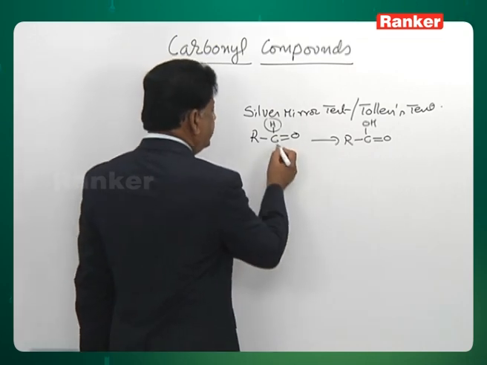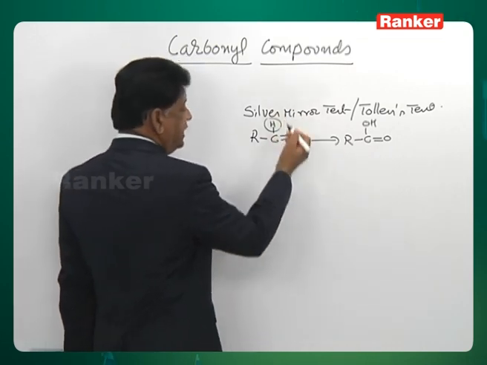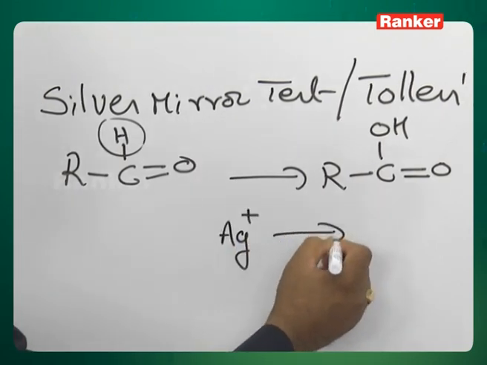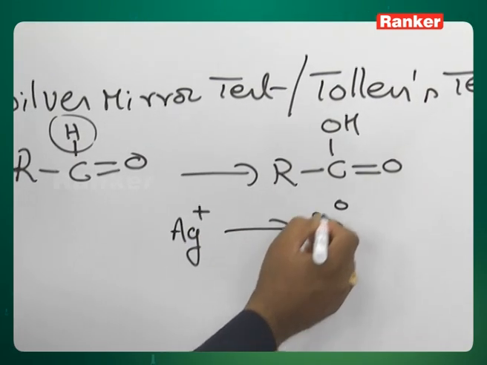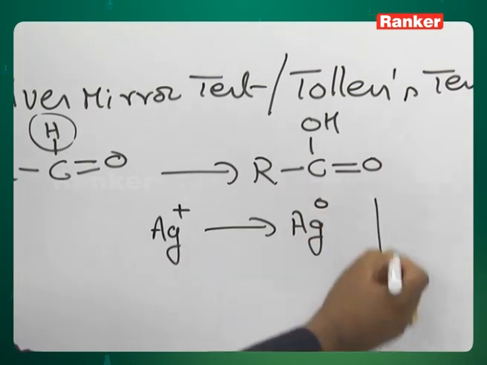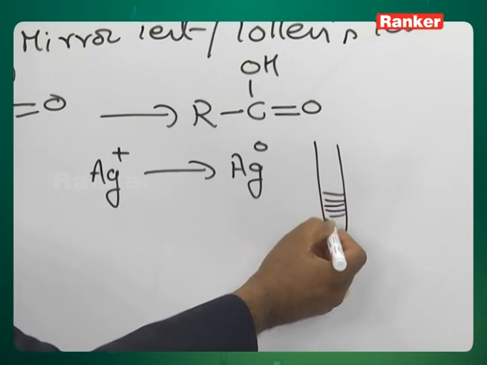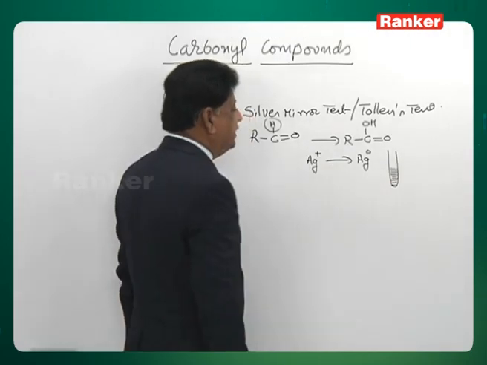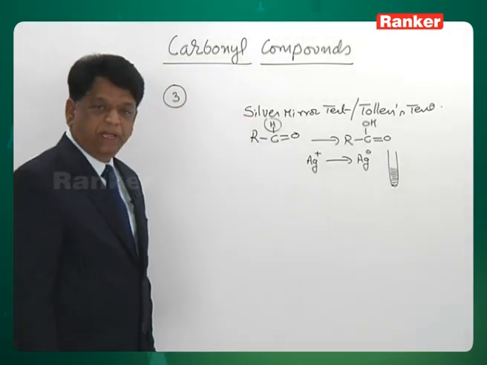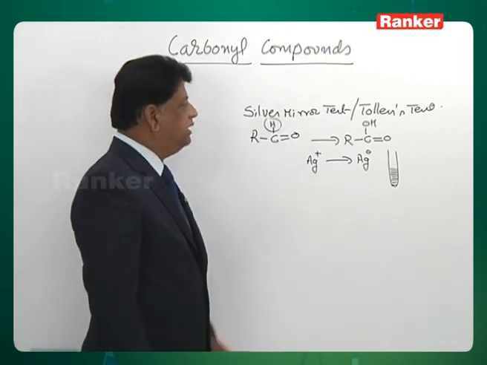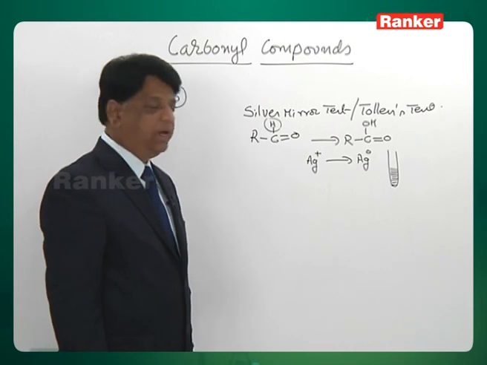That is why the aldehydes can reduce the reagent. The silver is reduced to silver 0. The reduced silver will be sedimented, or it is attached to the inner walls of the test tube, and it looks like a mirror. Therefore the test is commonly known as silver mirror test, but by name it is called the Tollens test.